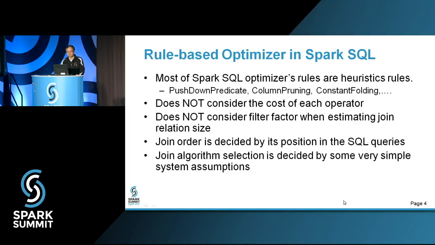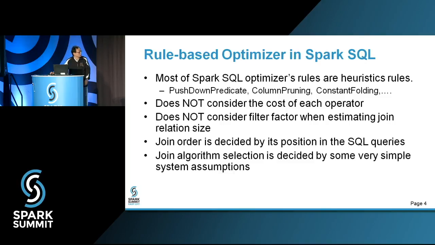As of today, Spark SQL's rule-based optimizer does not consider the cost of each execution operator. Say, for example, when we try to perform a join, even before the join, there's some filtering condition. Today, the Spark SQL optimizer does not consider the filter factor.